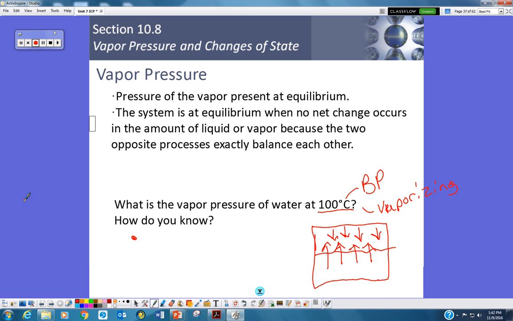So here's your advanced definition of boiling point.